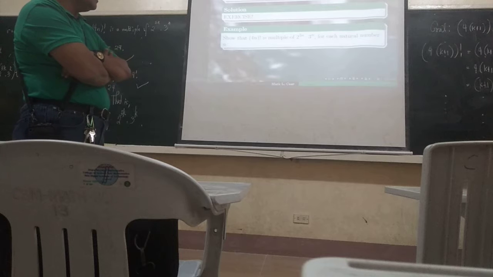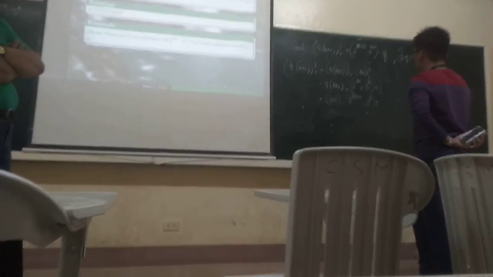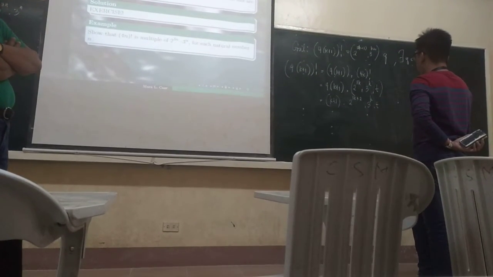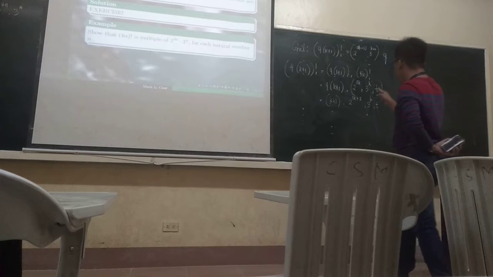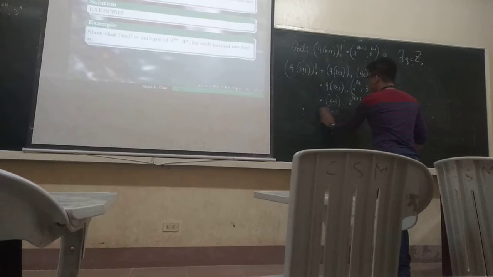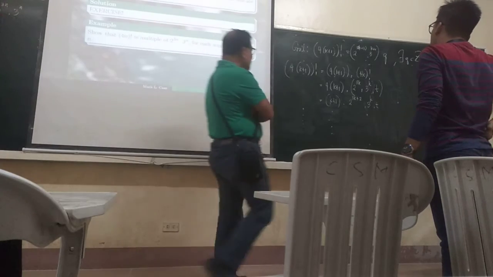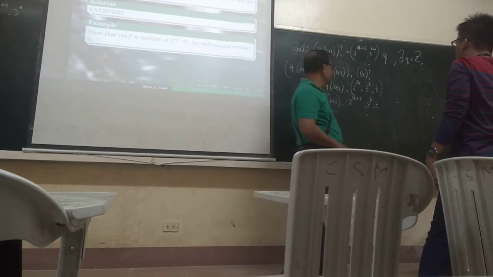Sige, makita rin yung plano. Ako siya try distribute ako eh. 2 to the 3k. Ay, hindi mo siya gamit. Kaning k plus 1 of the integer naman na, no?